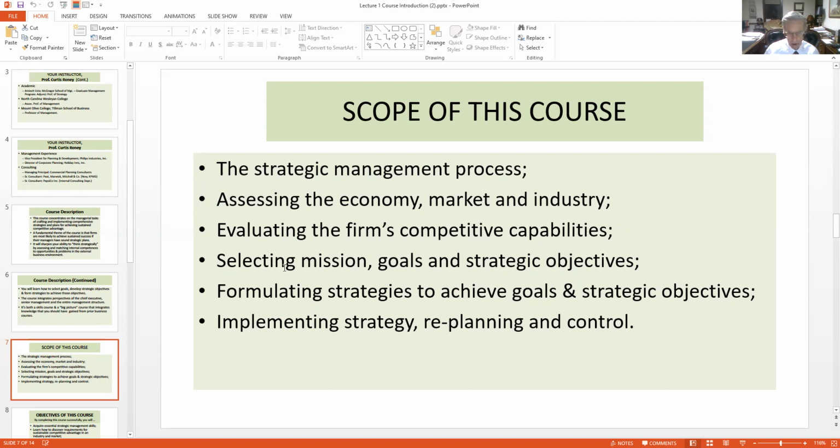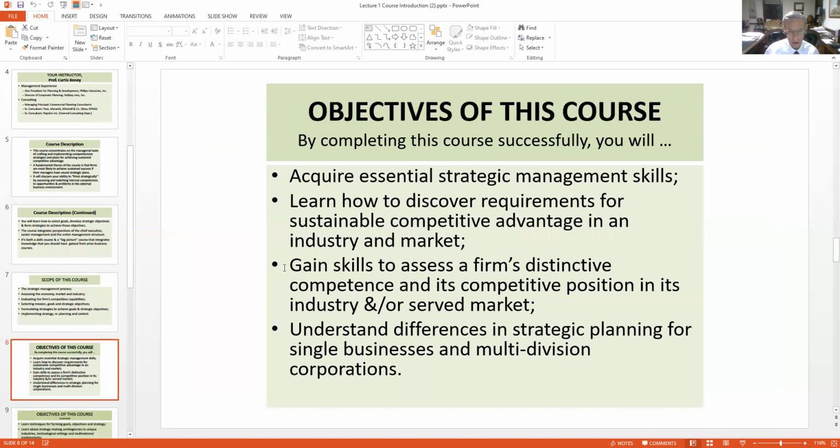And then forming strategies to achieve the goals and implementing strategy, including keeping the plan current and revising the plan as and when necessary. So if you get through this course, and I'm sure you will, you're going to acquire those essential strategic management skills.